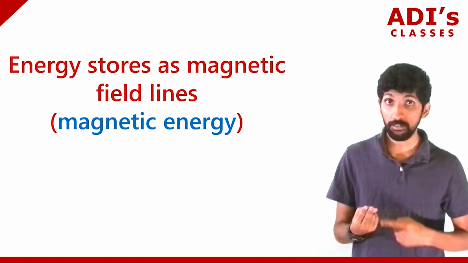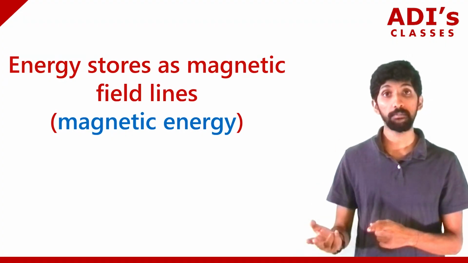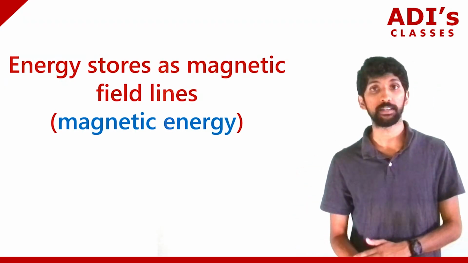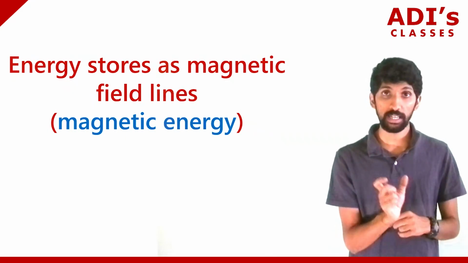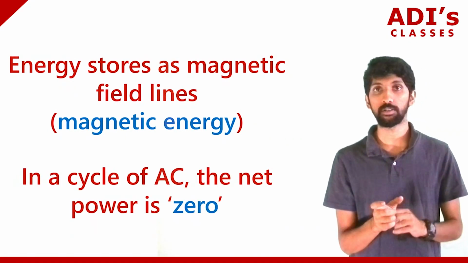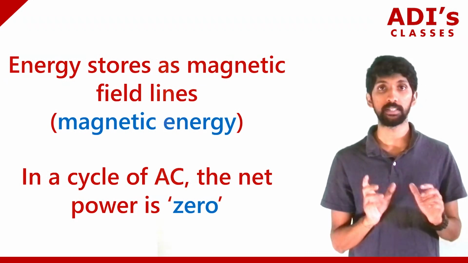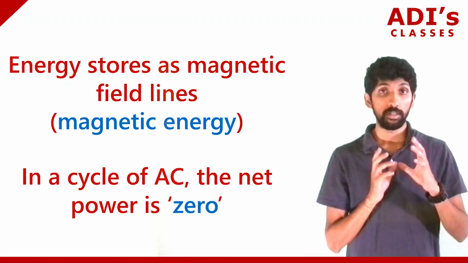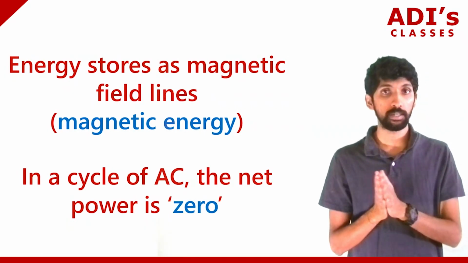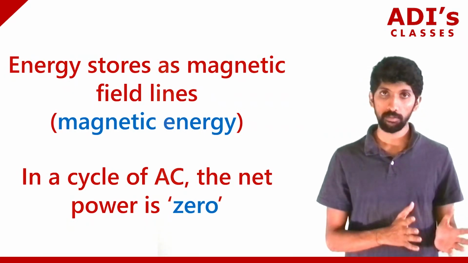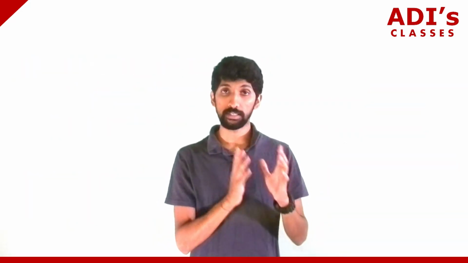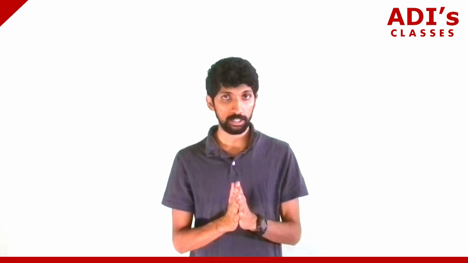In the negative half of the cycle, the energy which was stored is dissipated. So in one cycle of an alternating current, the net energy, or net power, becomes 0. In the next chapter you will see how the net power becomes 0 in an inductor. For now, if you know this much, that's enough. So this is the formula for the energy stored in an inductor.